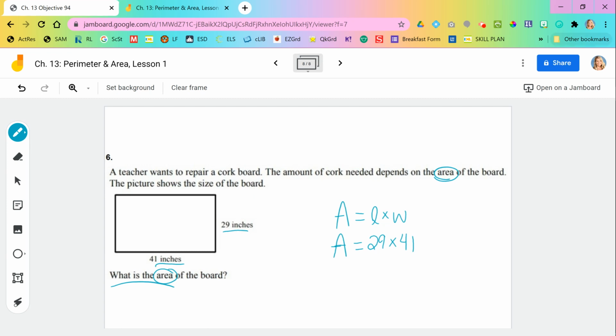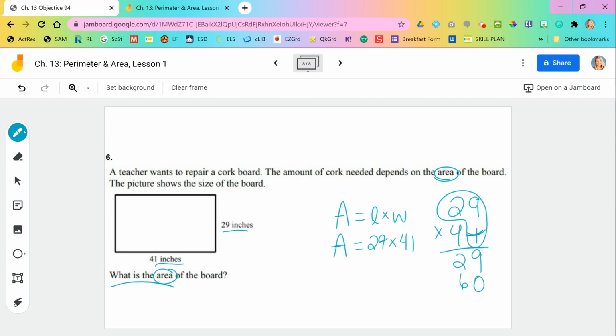All right, again, I have a 2-digit by a 2-digit, so I need to stack and do the turtle head. 29 times 41. So I'm going to say 9 times 1 is 9. 2 times 1 is 2. Nothing to mark out up here. Draw the collar, lay the egg. 9 times 4 is 36.